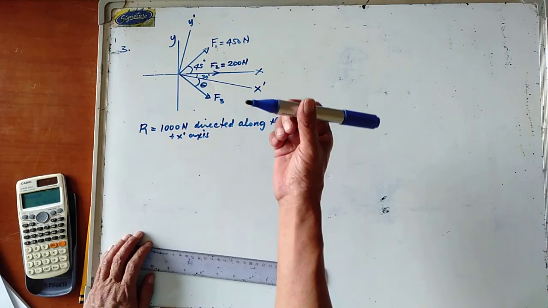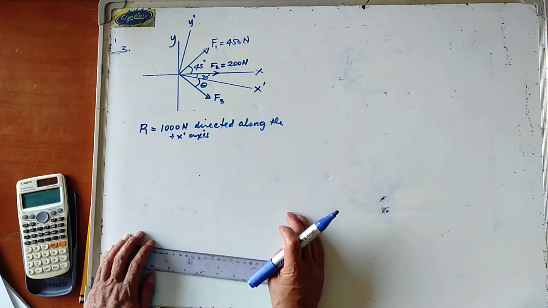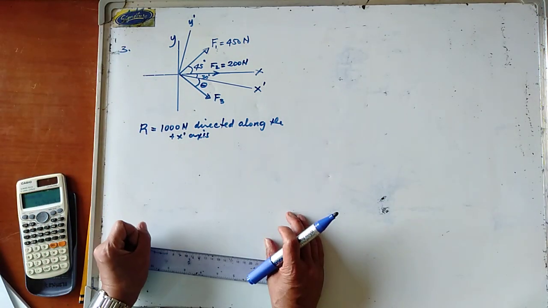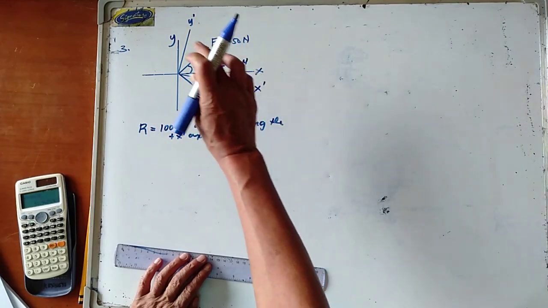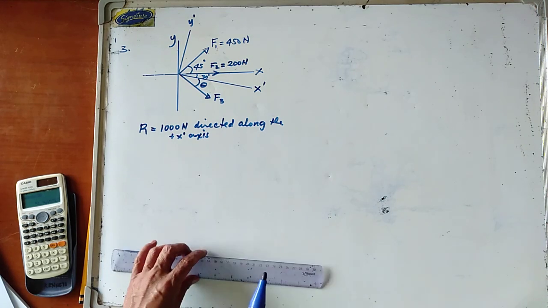So we are required along the positive x prime axis. Let's try to determine the components of each force in the direction of x prime and in the direction of y prime.